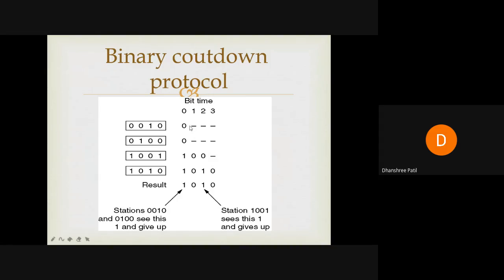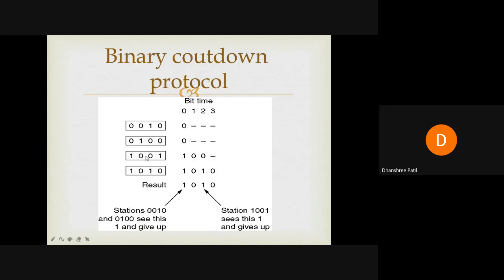So the stations with 0010 and 0100 see that some other stations have 1 in their addresses. So they will skip by their own, and they will be out of the race. Then the remaining two will be in the race.